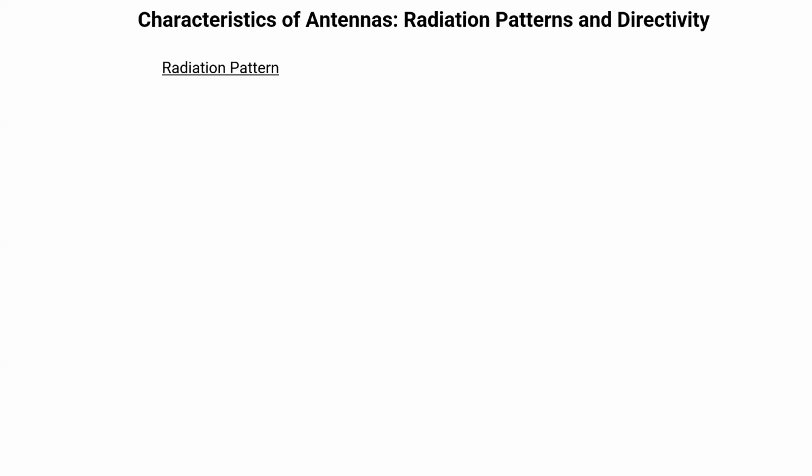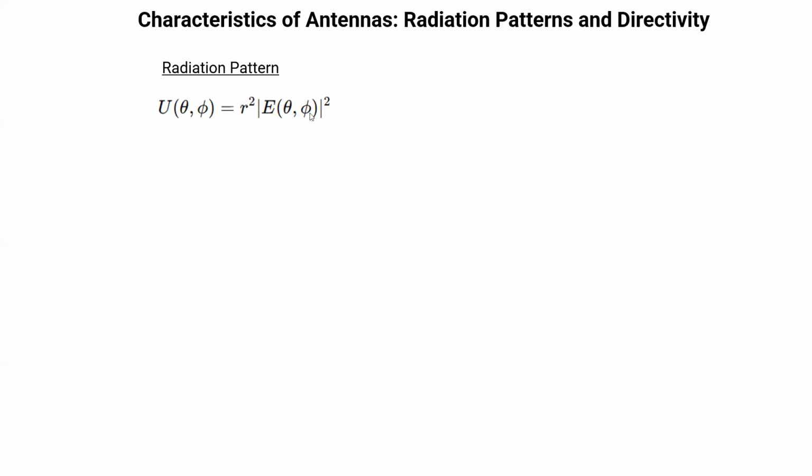Sometimes we need omnidirectional antennas. An omnidirectional antenna means an antenna that radiates in all directions similarly.